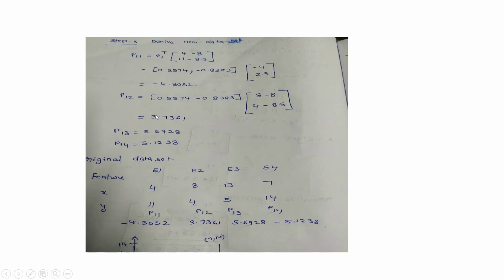Now, after applying principal component analysis, the 8 samples are converted into 4 samples. Now I am reducing two-dimensional to single dimension. That is the purpose of using the feature extraction mechanism, principal component analysis, in machine learning algorithms.